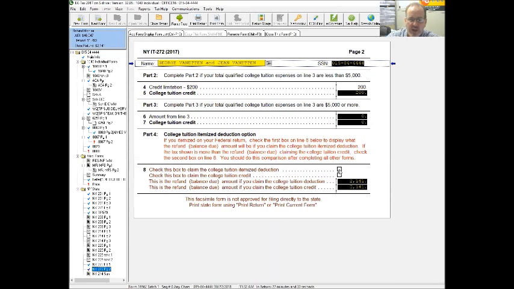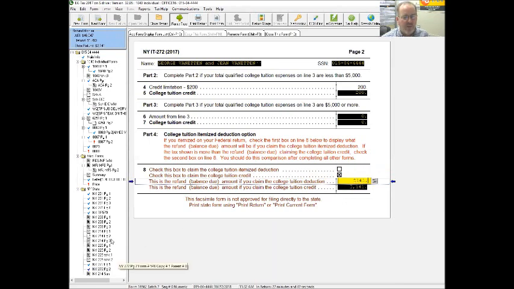If I choose my itemized, you can see that it drops my return to $1,900. If I take it as a credit, I get $2,141. So I'm going to take that as a credit so that I get a little bit more. Okay? All right. And that's about it on that one.